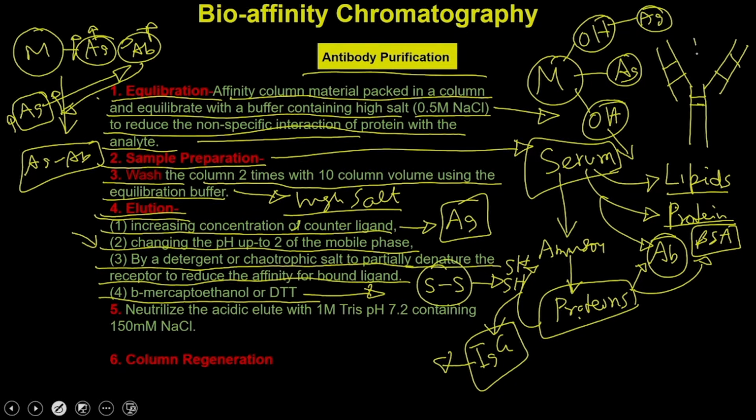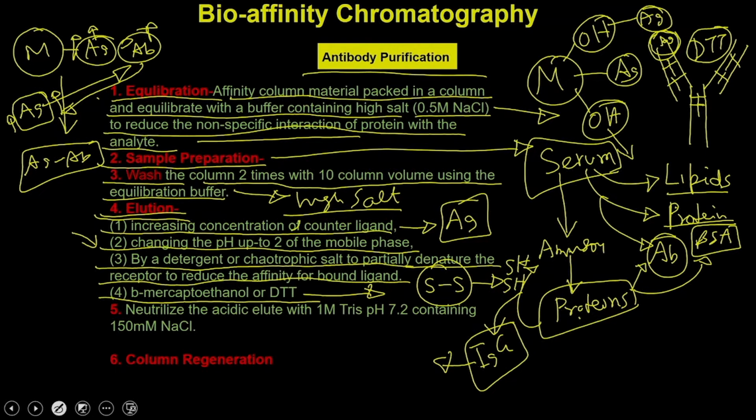So, if you add the DTT or beta mercaptoethanol, it is going to break all these disulfide linkages. Once you disrupt the disulfide linkages, you are partially going to denature the antibody, and as soon as you denature the antibodies, it is going to be incapable of binding the antigen by the variable region, and because of that it is going to be released from the column.